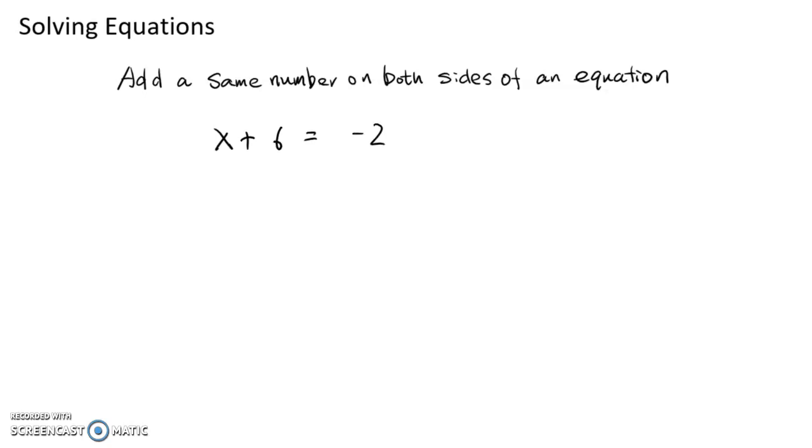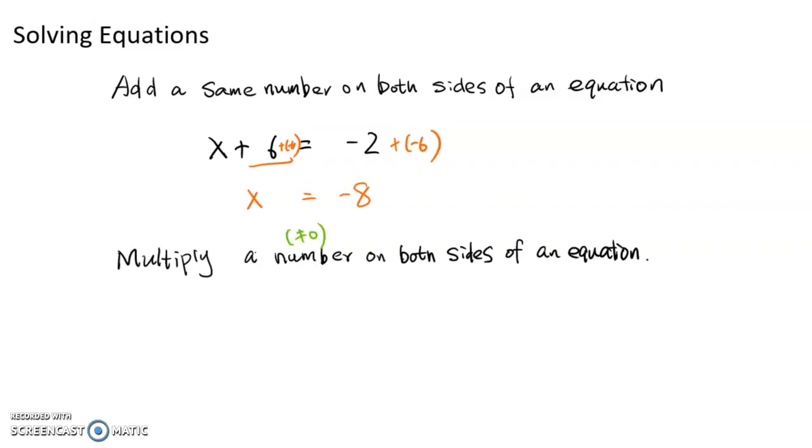I can solve this equation by adding negative 6 on both sides of the equation, so that 6 and negative 6 will cancel out to be 0. So I have x equals negative 2 plus negative 6, which will give you negative 8. Then negative 8 is the solution to this equation.